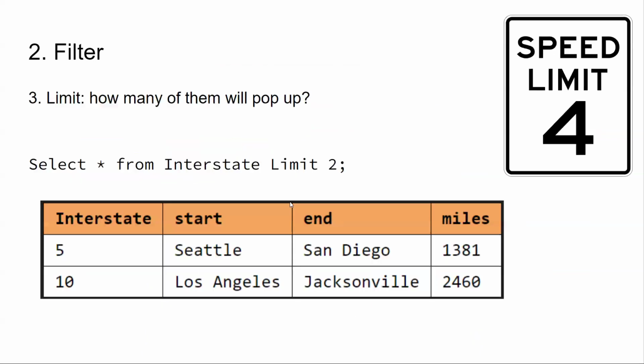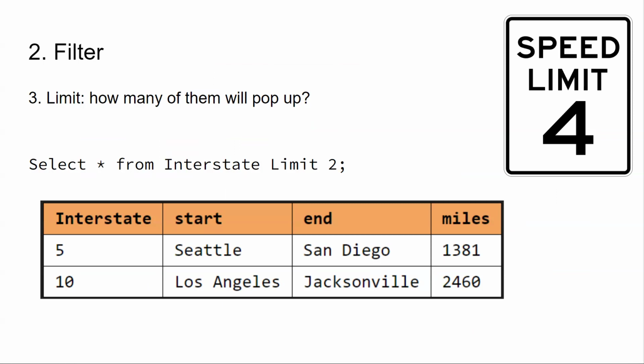And the next one is LIMIT. LIMIT is how many of them will pop up. Suppose I'm selecting star from interstates and I only want the first two pieces of data of the table.